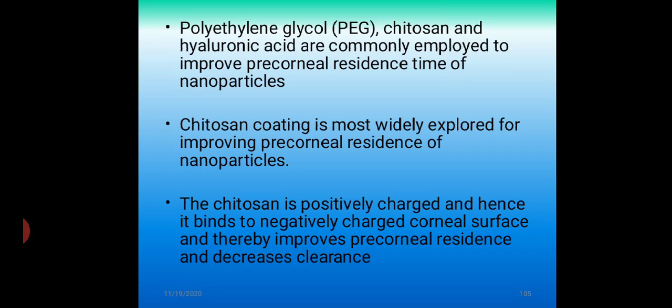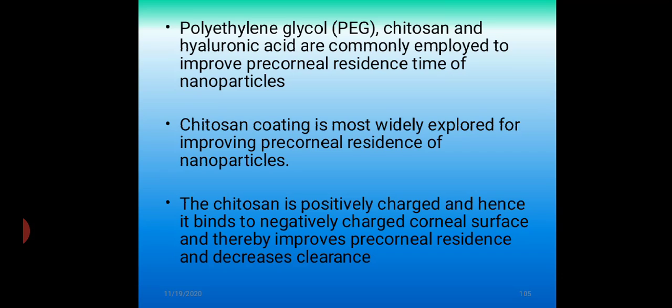Then, to develop the mucoadhesive nanosystems, various polymers like polyethylene glycol, chitosan, and hyaluronic acid are majorly used. We have discussed this in the last class. The chitosan coating is the most widely explored one because of its residence time.